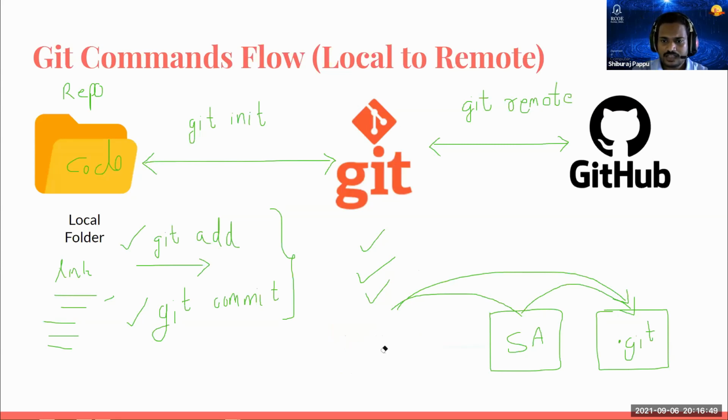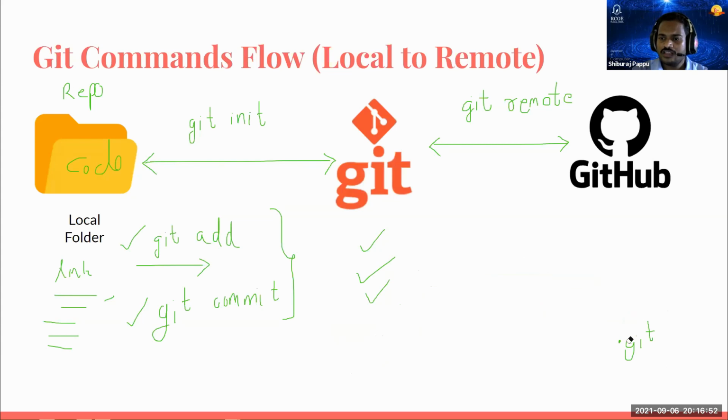Now once all this is done, everything is stored inside Git. If you expect that all the data should go to GitHub, no, that doesn't happen like that. Again the same thing happens. You cannot expect Git to send everything to GitHub whenever you save your data. It doesn't work like that.